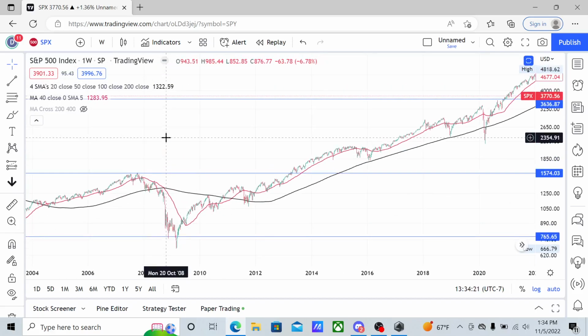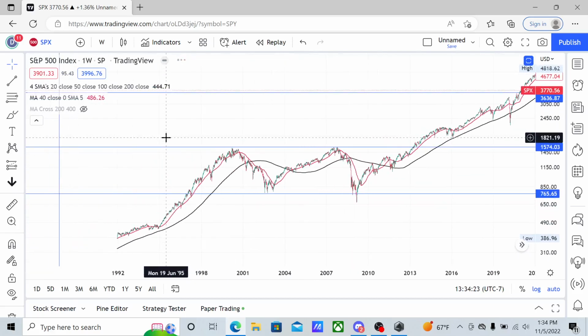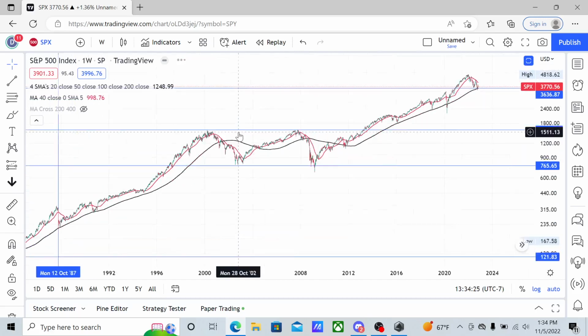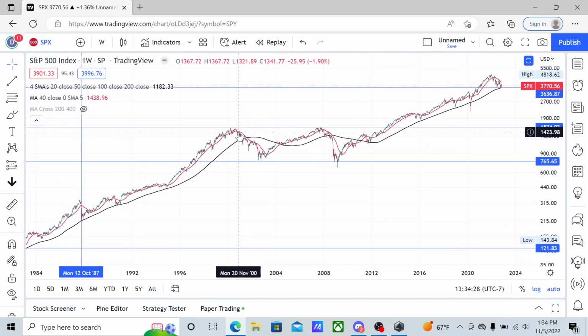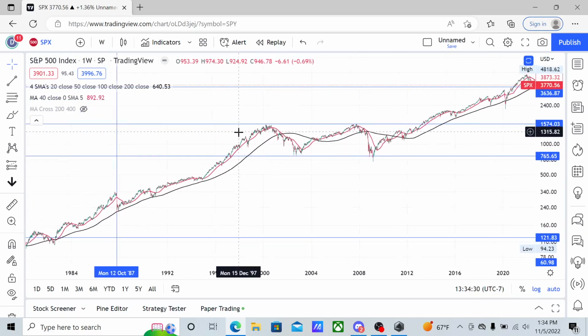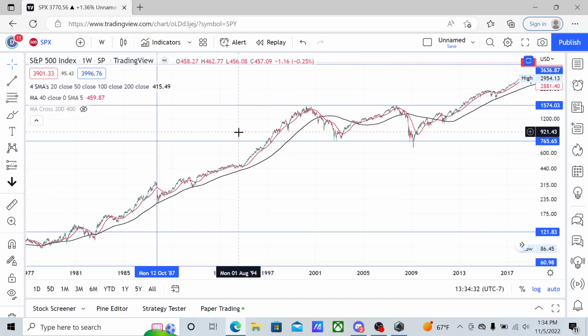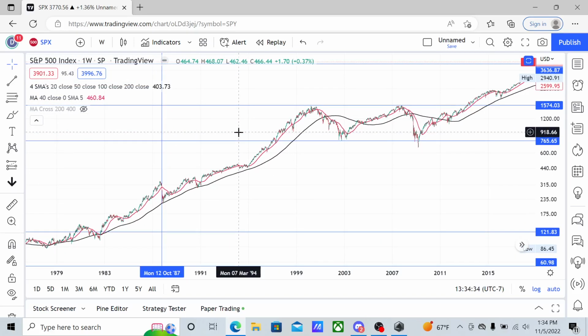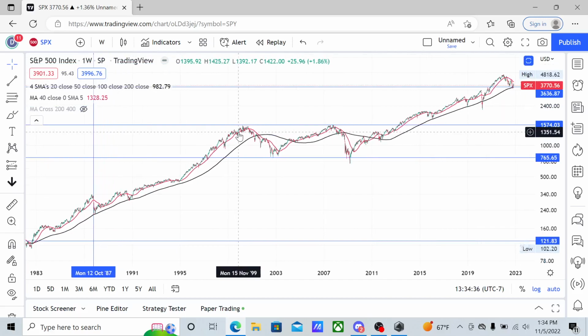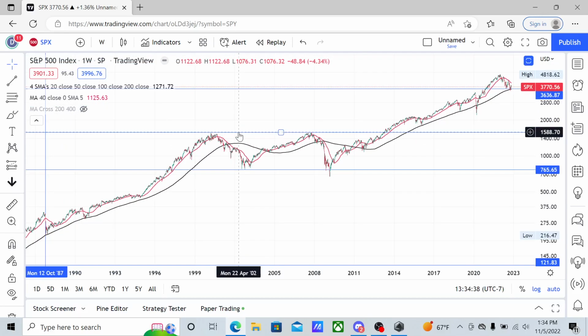Basically, you're really only going to look at that 200-week moving average to see if you're in a really prolonged downtrend or if the market is crashing pretty hard.